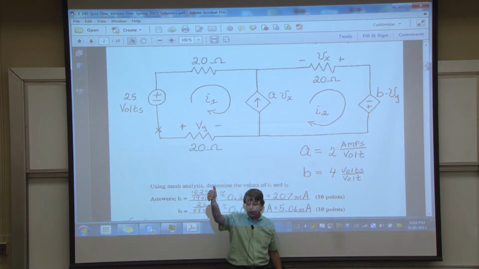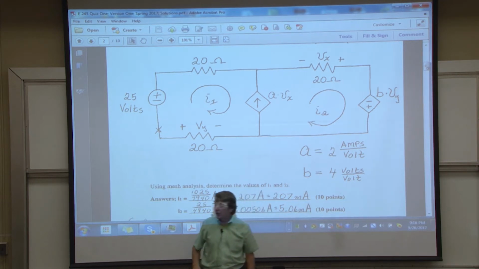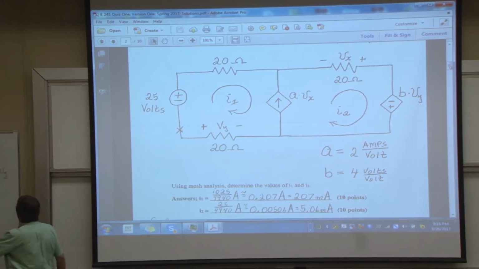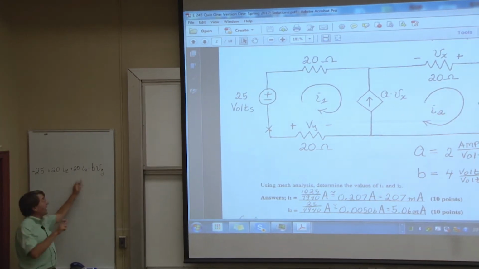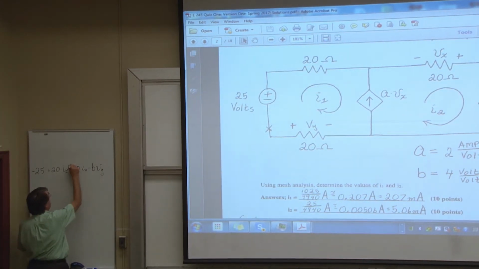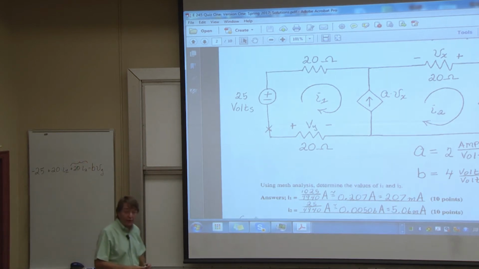Do we agree? All right. Bree, are you good? Okay. So it should be 20 I2. Now, I'm going to pause. There's a second thing I could write here. Instead of plus 20 I2, what could I have written?